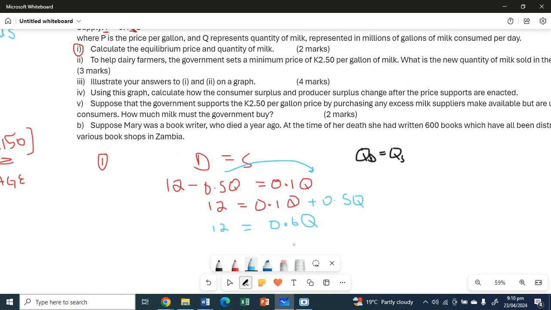To get the quantity, divide both sides by 0.6. 12 divided by 0.6, you get 20.